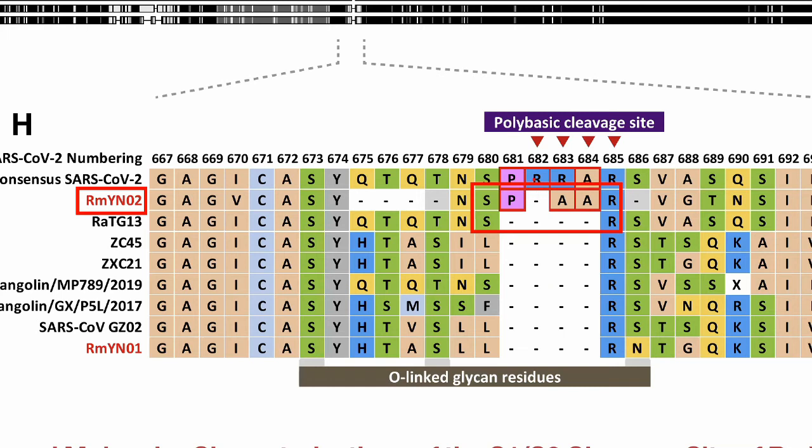So this is arginine, or proline, arginine, and these two arginines form the furin cleavage site. So here there's a proline inserted, but here there's a gap, and then alanine inserted in that position. This is not a polybasic furin cleavage site. And you can see there's quite a number of missing residues around that position.